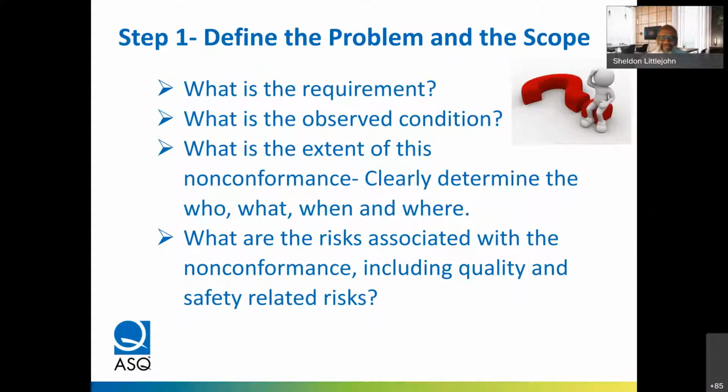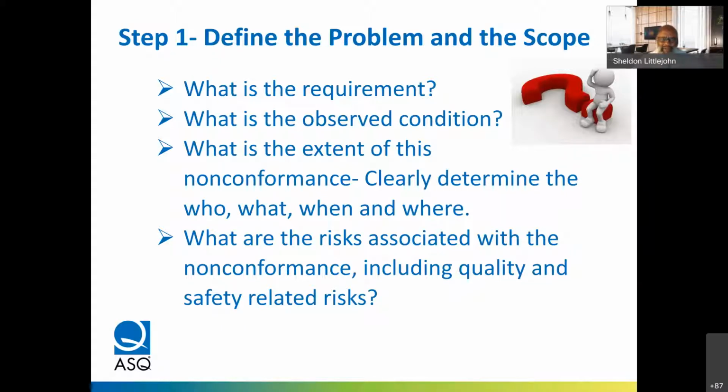So that needs to be clearly understood. Then we move on to seeing what was the observed condition by whoever that observer was, who identified that nonconformance. What was the condition that they observed? The gap between these two pretty much will define the problem. The gap between where we want to be and where we are becomes the nonconformance. That becomes the problem that we need to address.